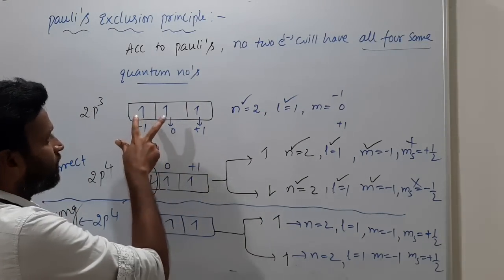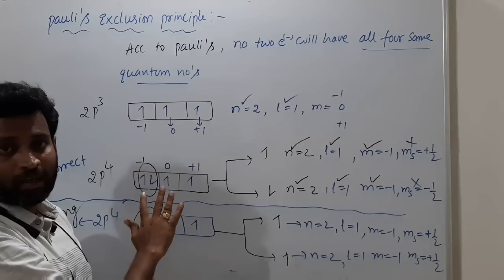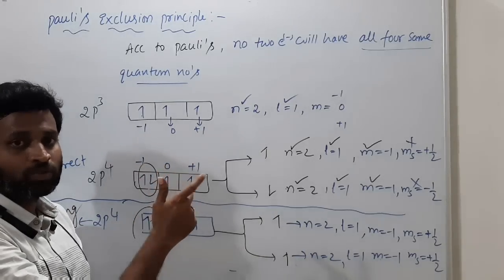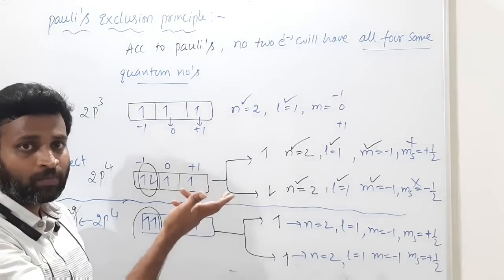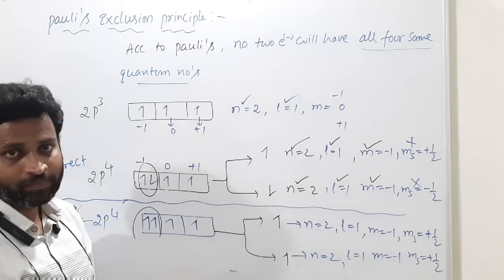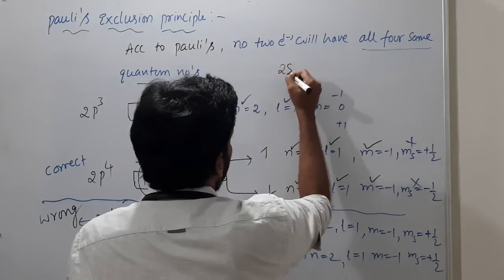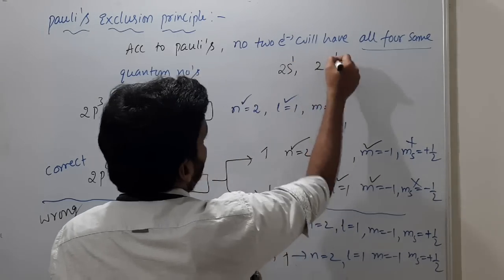If two electrons belong to the same shell, then the shell number will be the same. If two electrons belong to different degenerate orbitals, the m value will be different. Now, two electrons belong to different subshells: one electron belongs to 2s, one electron belongs to 2p.